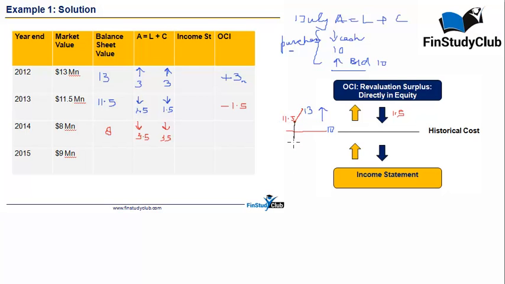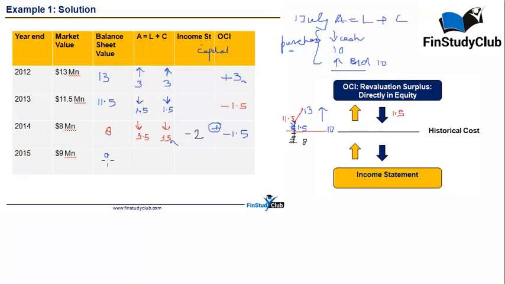From 11.5 I have come down to 8, which means there is some portion which is below the line, which is 2, needs to go to income statement, and there is some portion, I am going to highlight that with blue, which is above the line, 1.5, which needs to go out of OCI. So if you look at the total change in the capital, so to speak, or comprehensive income, is 3.5, which is right here. Fairly simple to understand with help of the example and this diagram.